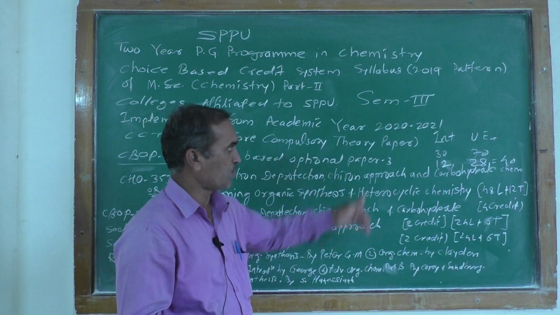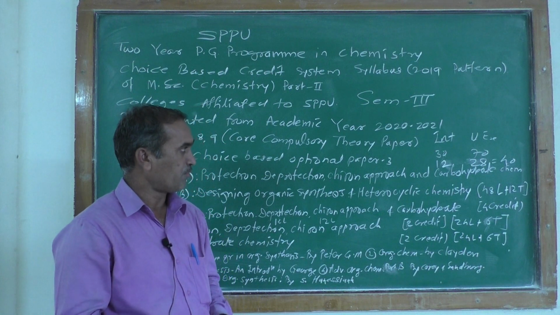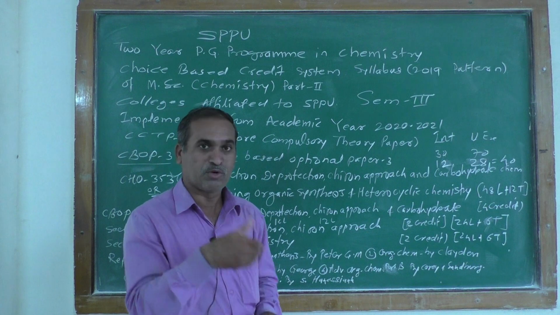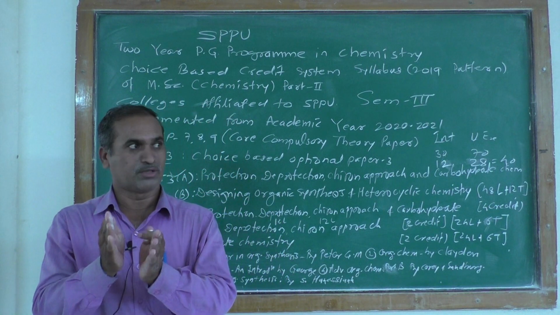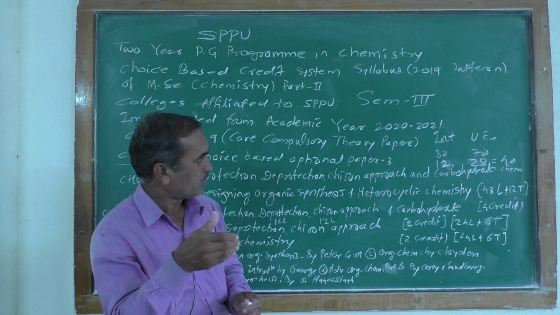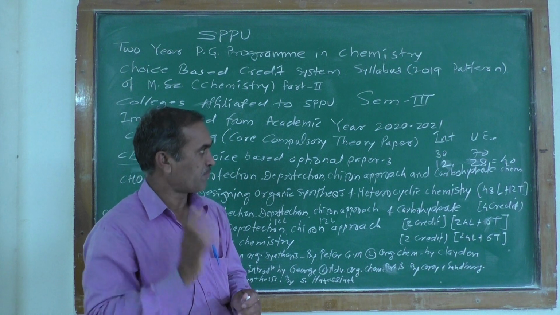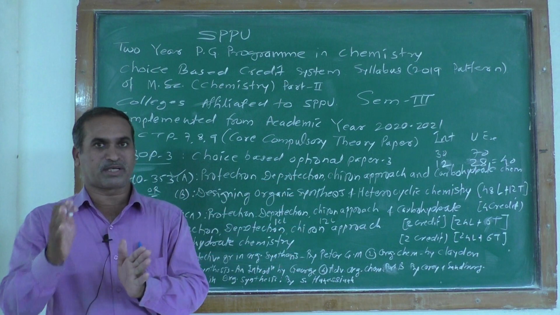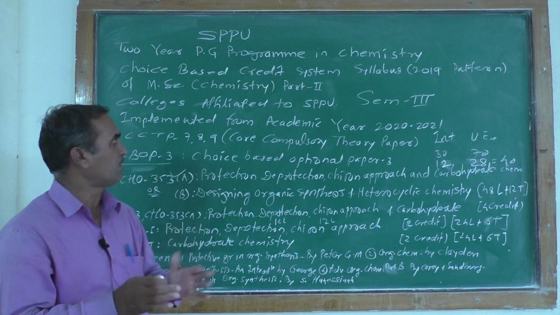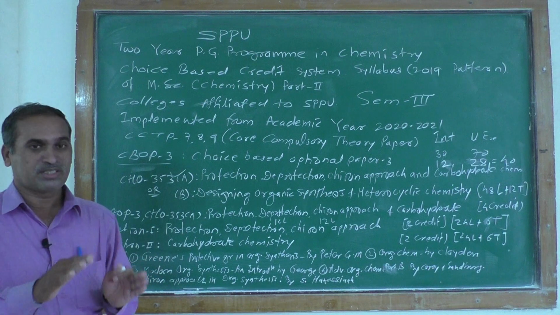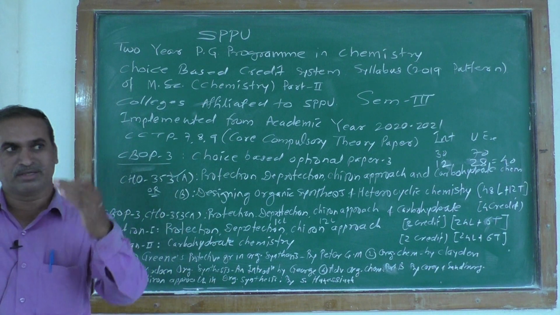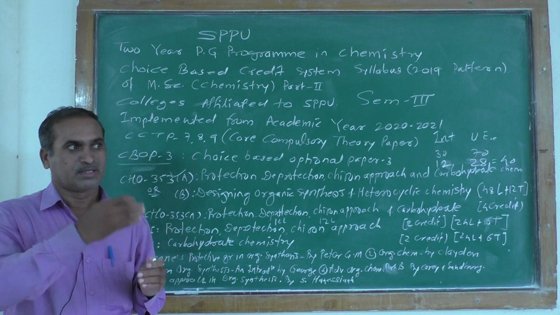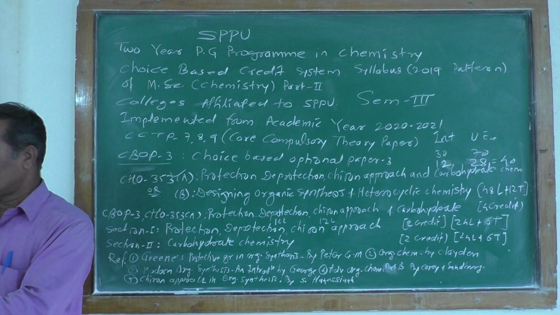Suppose out of 30 you get 11, even if your total is more than 40, you will be a fail there. So remember, internal and external total becomes 40, and then you will pass that exam. So this is a discussion about the syllabus as well as your exam pattern.